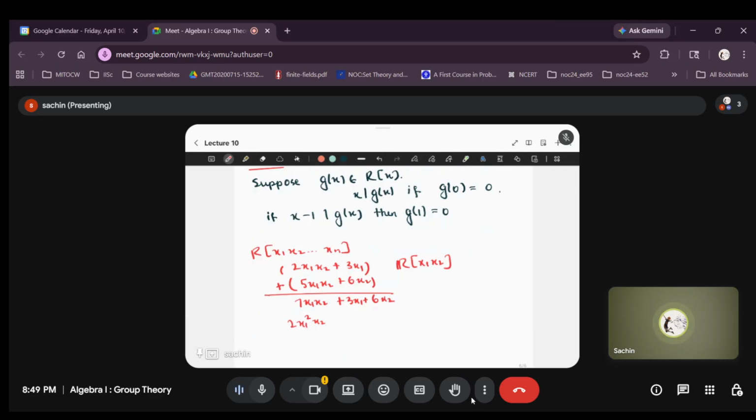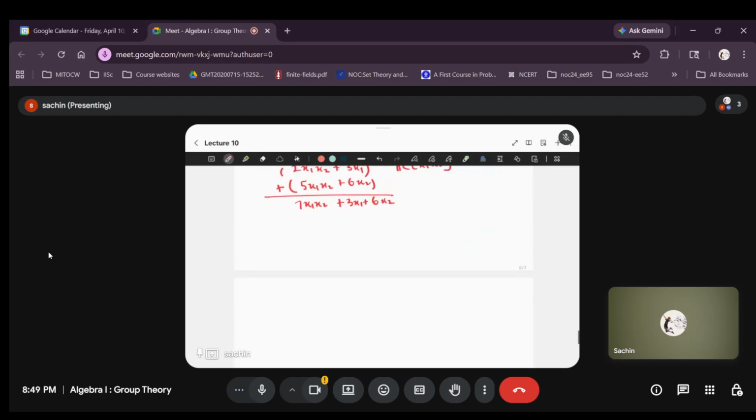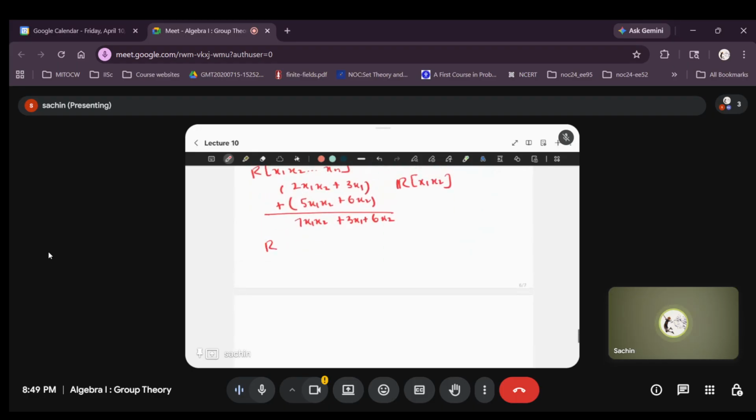Multiplication is also carried out in a similar fashion. So this will also be a ring. One way to understand this type of ring is, first you have R is a ring, right? If R is a ring, then R of x is a ring.